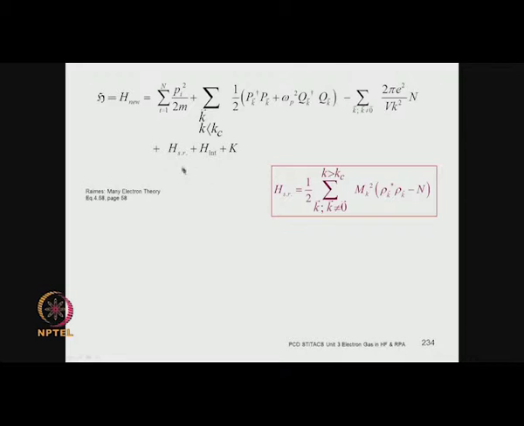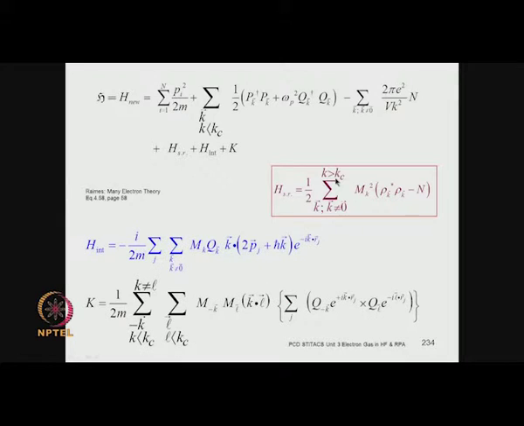The short range part of the Hamiltonian is what we had identified earlier. This was the part corresponding to k less than kc. So these are the exact expressions. There is no approximation anywhere as yet, it is exact.